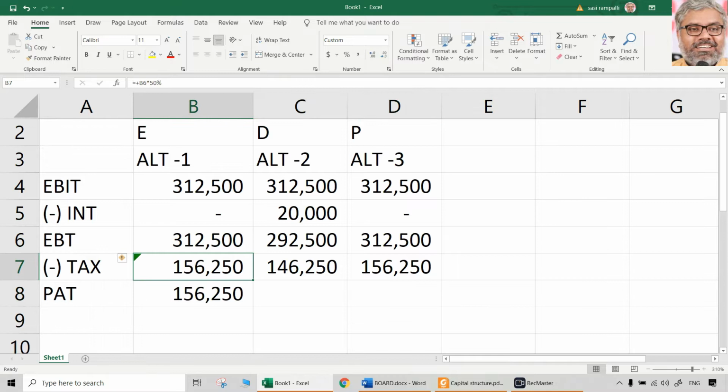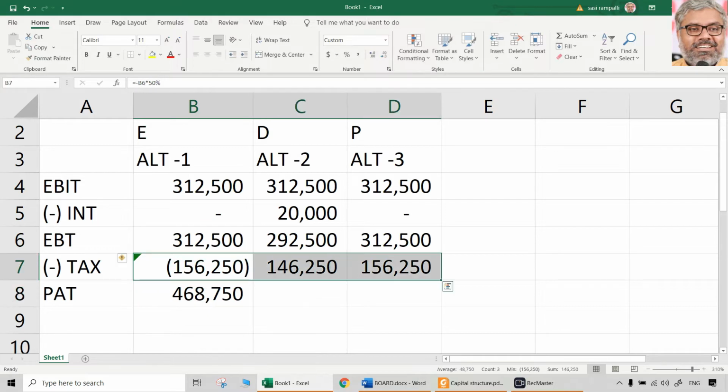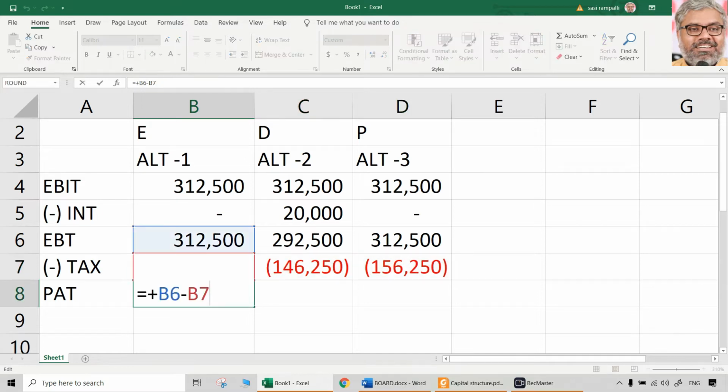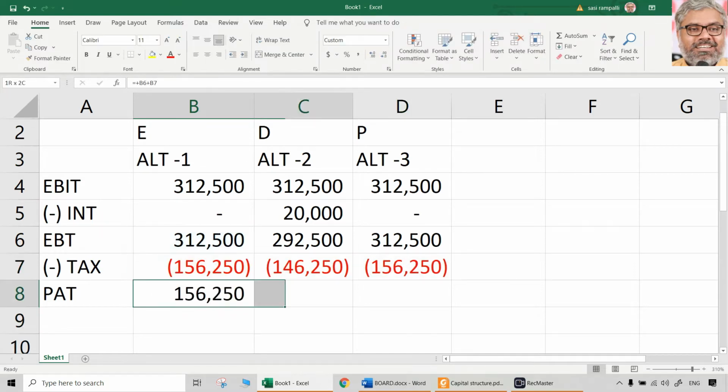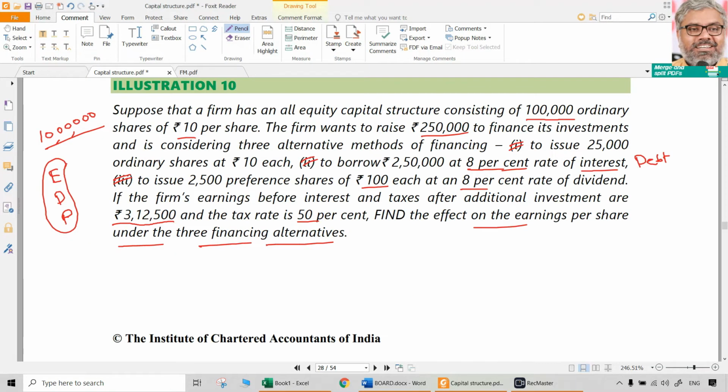Or if you want to take this as a negative amount, to show it clearly, after tax profit will be same thing as tax, because 50% tax rate is there. 156,250, 146,250, 156,250. That is profit after tax.